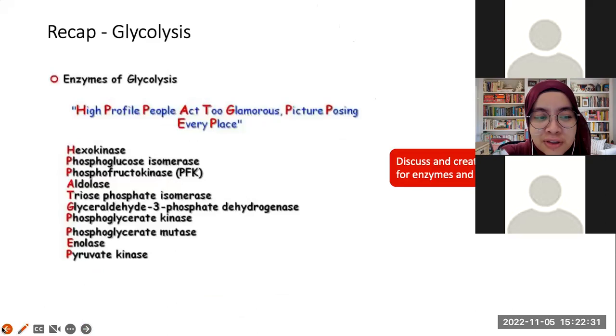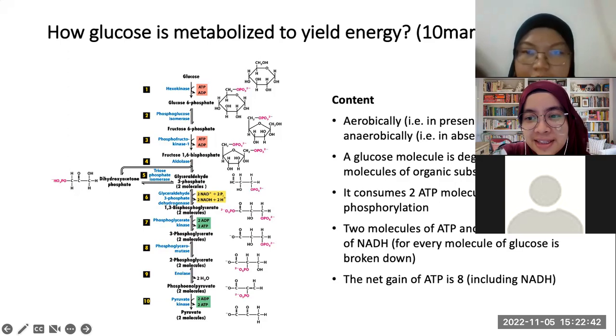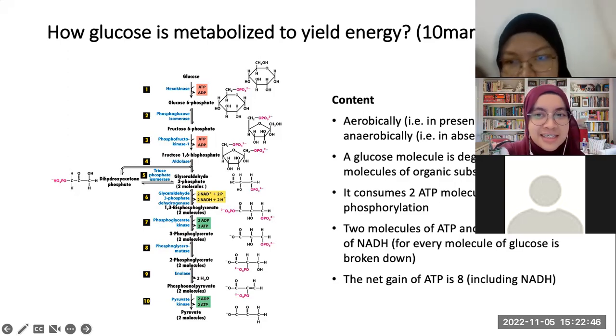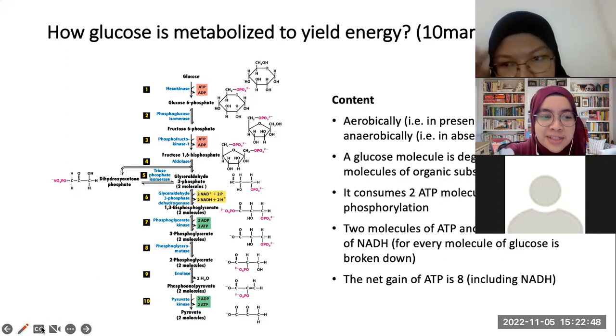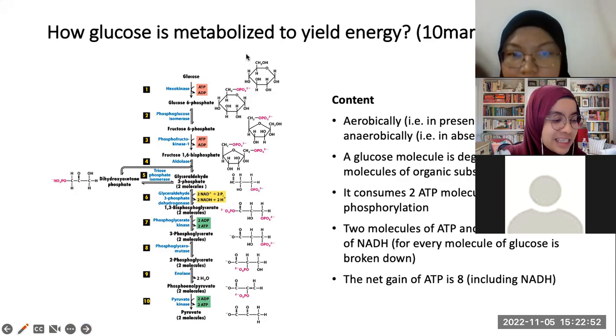So how do you know which metabolic reaction this question is asking about? What is the keyword in this sentence? Any idea? In this case, you know it's glycolysis, but what is the hint in the question?